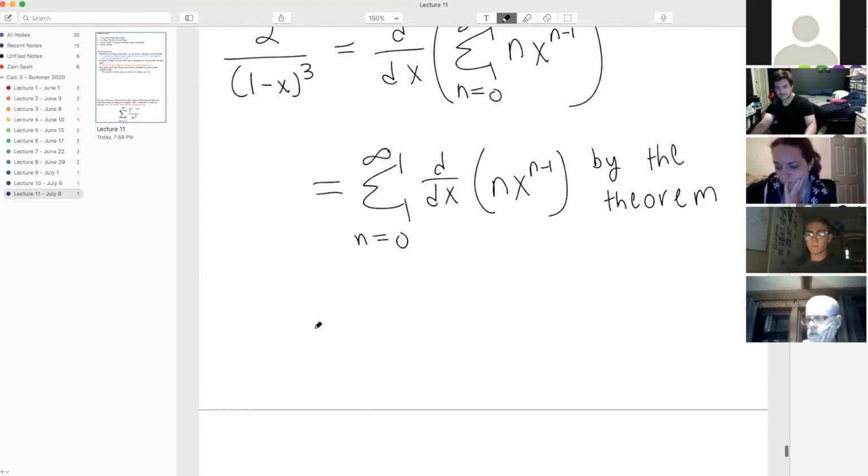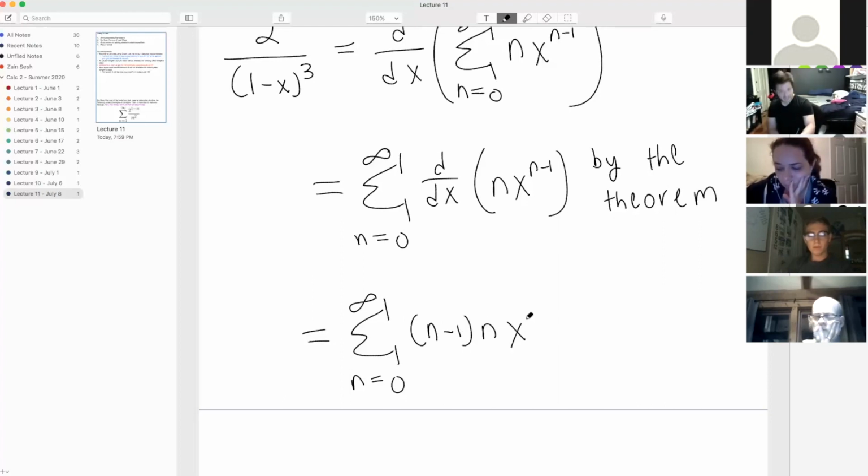Excellent. And this is now a simple affair. We can just, again, use the power rule on x to the n minus 1. So this just comes out to n minus 1 multiplied by n, multiplied by x to the n minus 2 power. I hope that's okay.